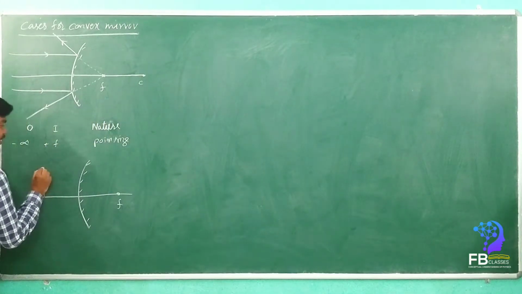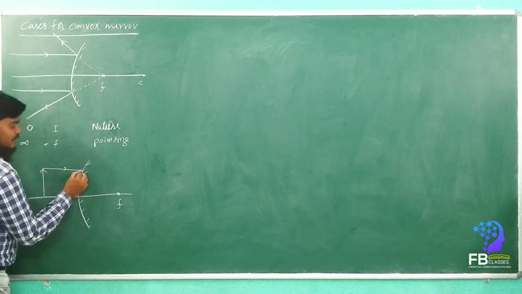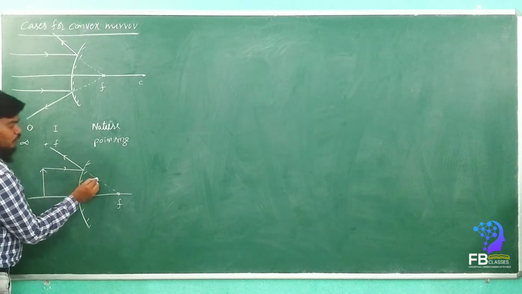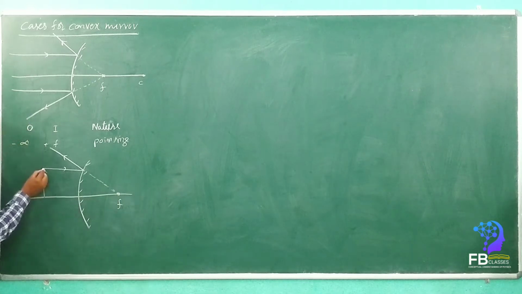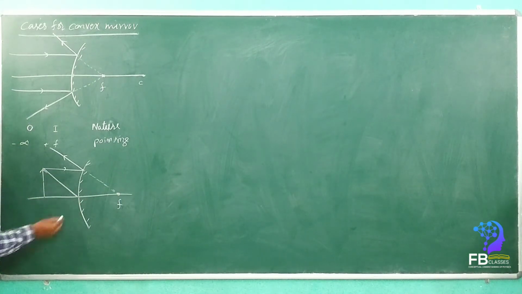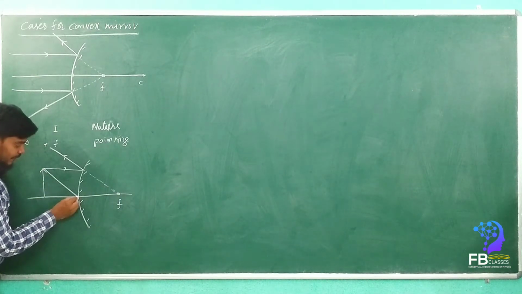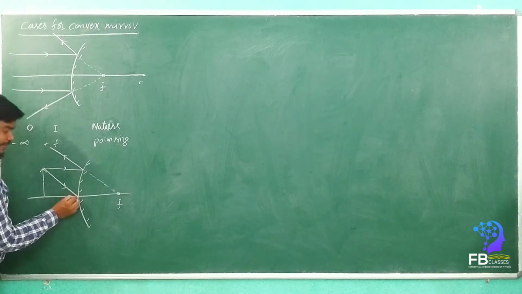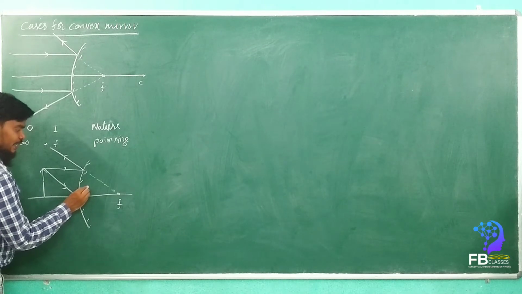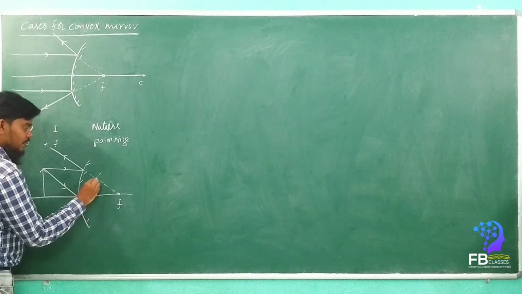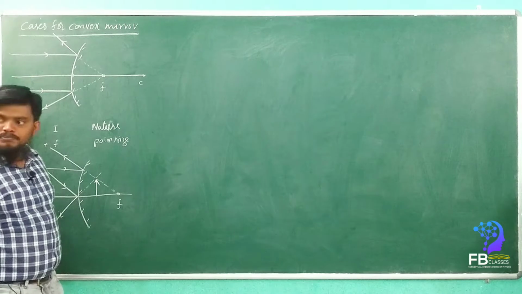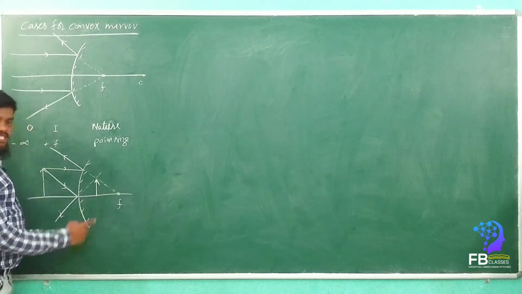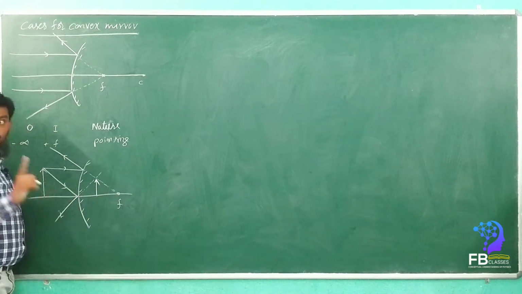When the light ray travels parallel to the principal axis, it appears to pass through the principal focus. Another ray, if the light ray travels toward the pole, will be reflected back making the same angle. So if you extend this ray, the image will form here. Are you getting my point? So wherever you place the object, the image is always formed between F and P only.